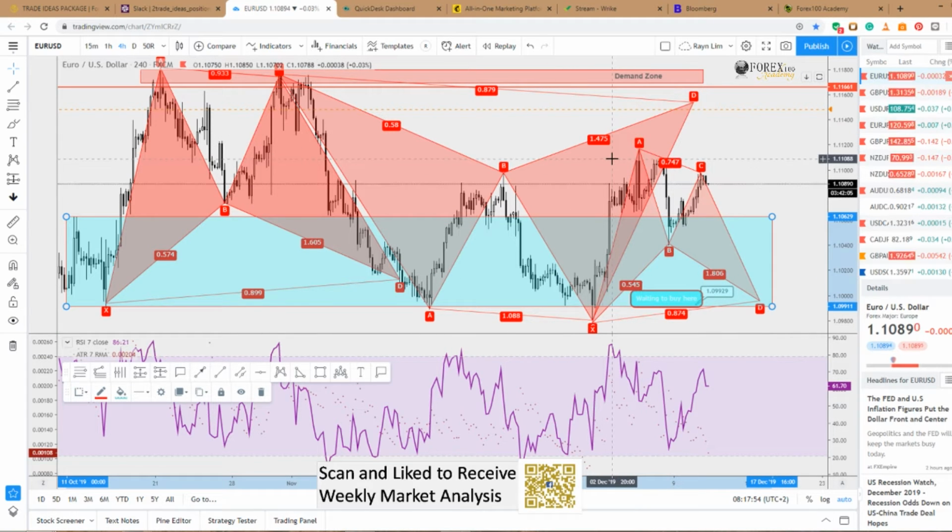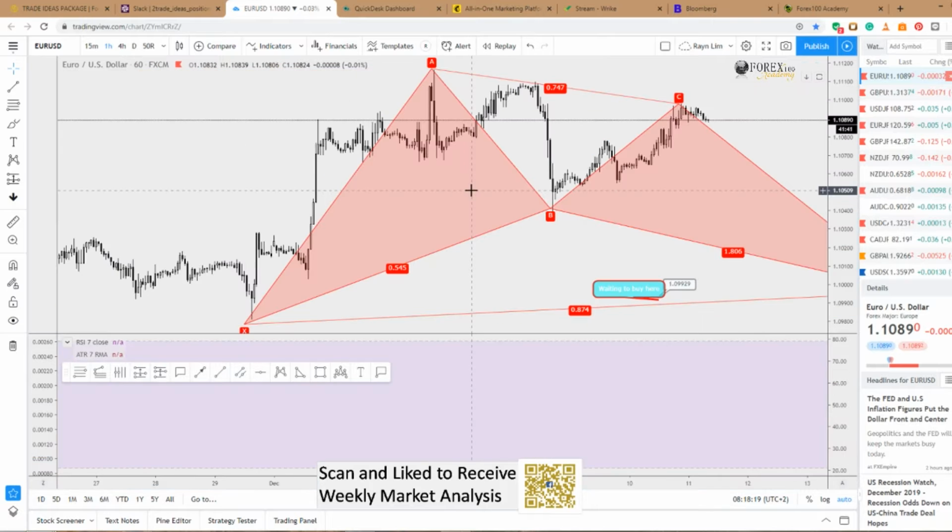It's pretty normal to see a lot of harmonic pattern setups right now because we're moving to the end of the year, and the market generally consolidates at the end of the year during this period. So when there is consolidation, you get to see patterns like the bat pattern, Gartley pattern, sometimes even the shark pattern.